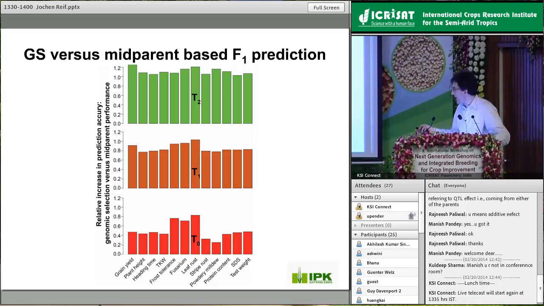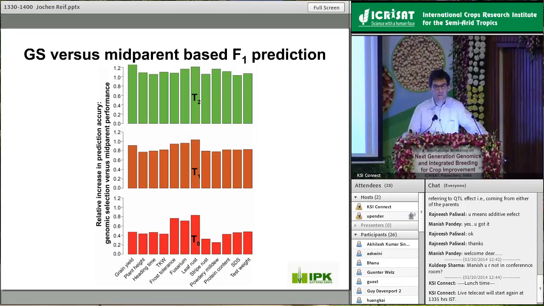If you have a value above 1, then you do a better job with genomic selection. If you have values below 1, you do not do as well as using the midpoint performance. And the picture we have observed for grain yield is now also more or less the same for all other traits. So in this T0 scenario, we never do as good a job as using the midpoint performance.